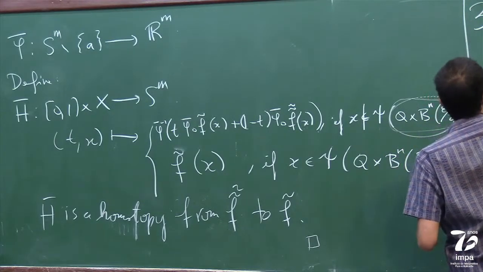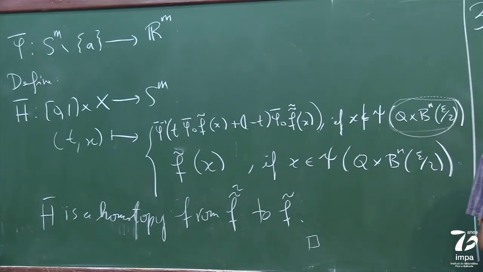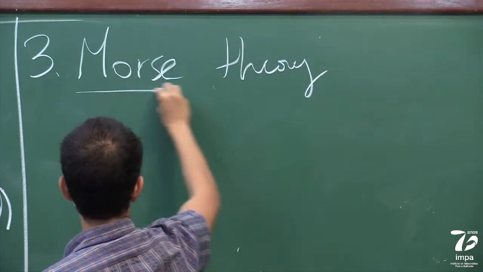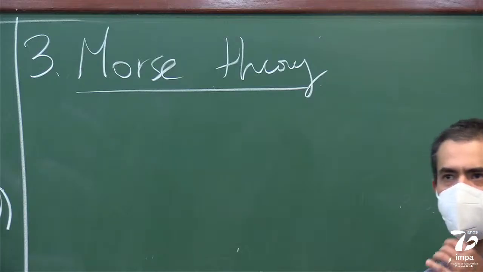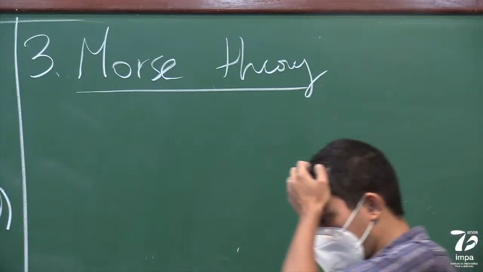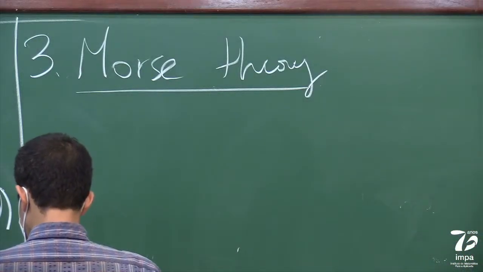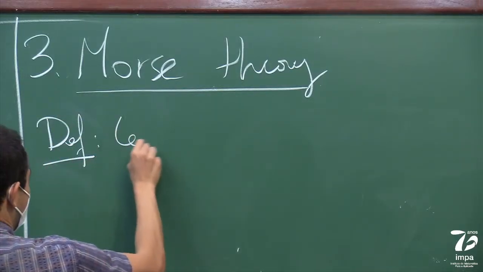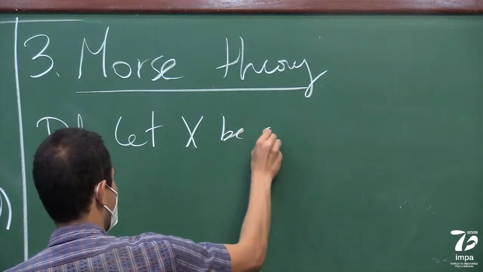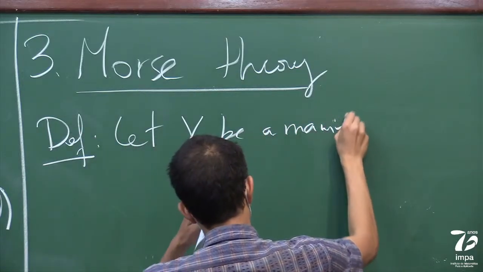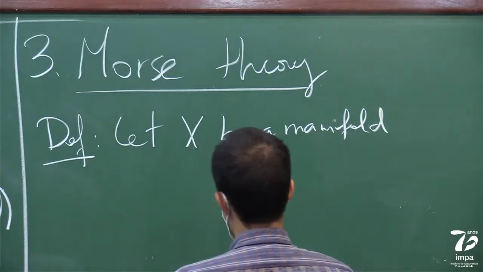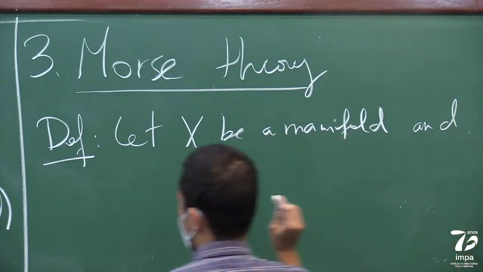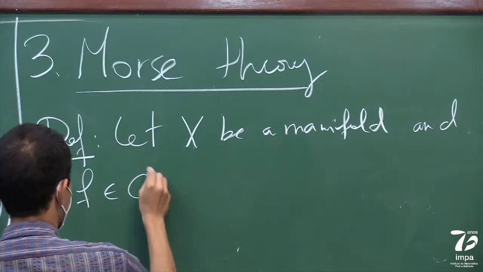So 3, Morse theory. I already kind of defined what a Morse function was, I think, but let me do it again. Maybe you forgot. So let X be a manifold, possibly with boundary, and take a function which is smooth.